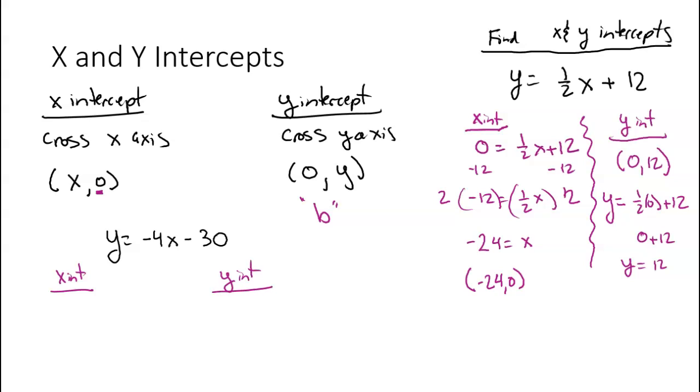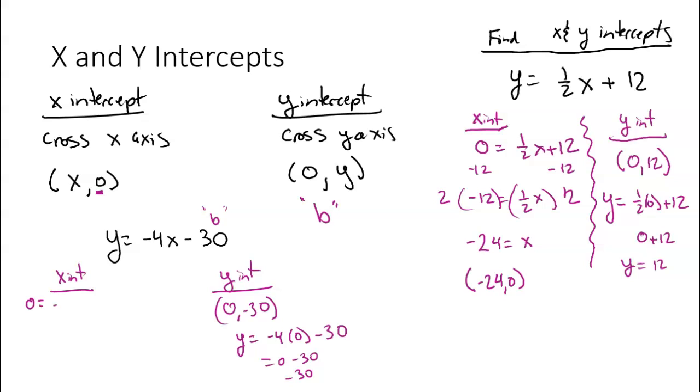The y-intercept is the easier one to find first. It would be 0, comma, negative 30. It could be whatever number I thought of, and that's the number I thought of. In case you forgot how we found that, we plug in a 0 for x, so we get 0 minus 30, which gives us negative 30, aka our b.